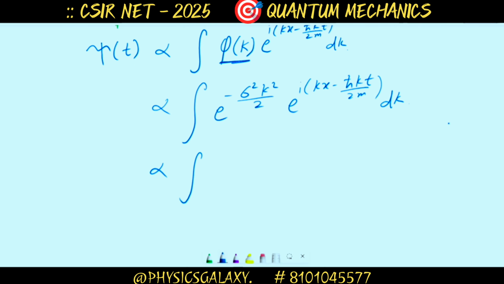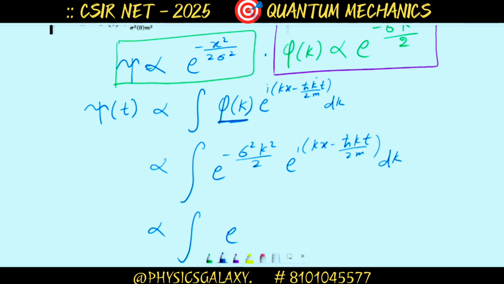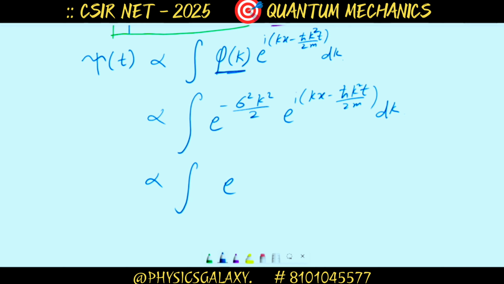Again proportional to the integral of e to the power, we can take k square factor out, so minus sigma square by 2 plus h cut t by 2m, then k square, plus iota kx, dk.